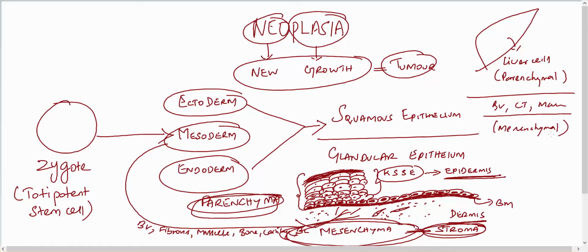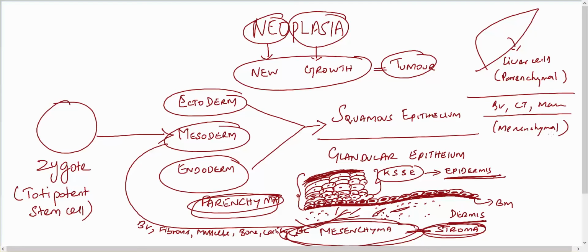If you take pancreatic tissue, the pancreatic secretory cells all come under the parenchyma, because they determine the function of the pancreas. And the supportive structures like blood supply to the pancreas are the mesenchymal structures, because they are basically supporting structures.